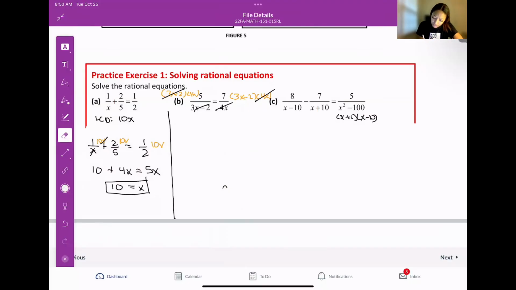I'm going to rewrite it so it's a little bit easier to see. We'll be left with 4x times 5 equals 7 times 3x minus 2. Same thing we would get if we cross multiply. That's 20x equals 21x minus 14.